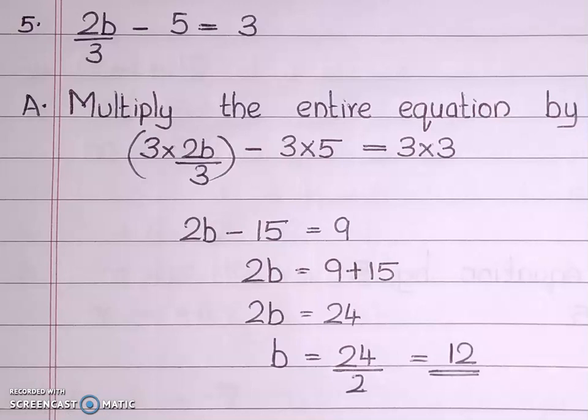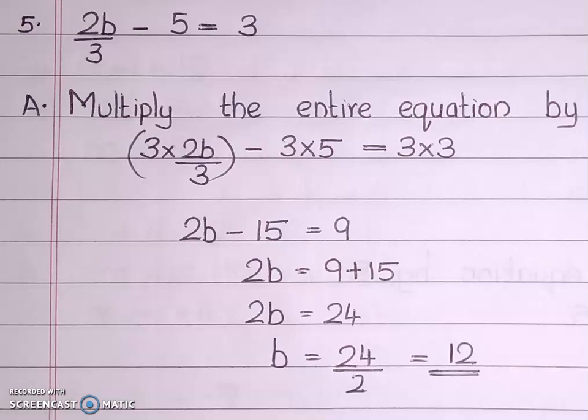2b by 3 minus 5 equal to 3. Multiply the entire equation by which number? 3. Why? The denominator is 3.